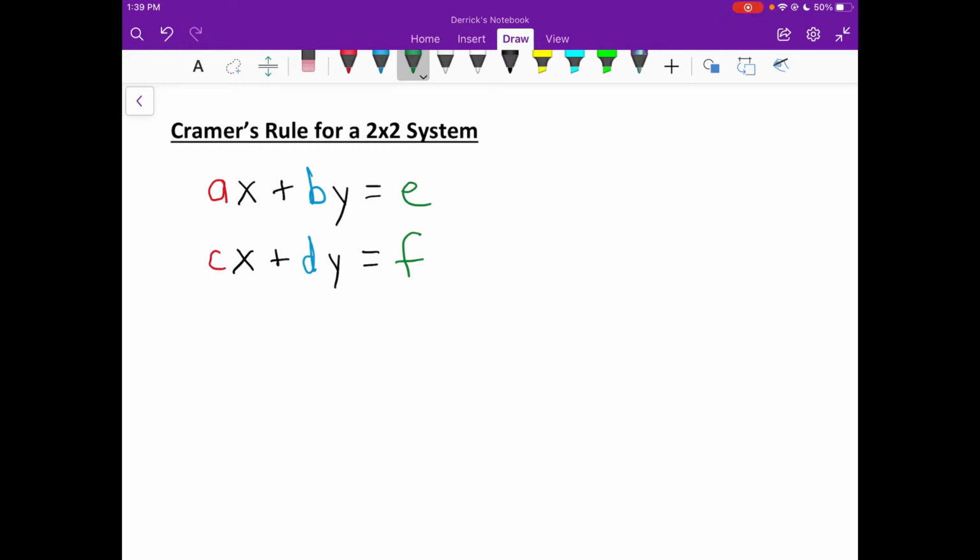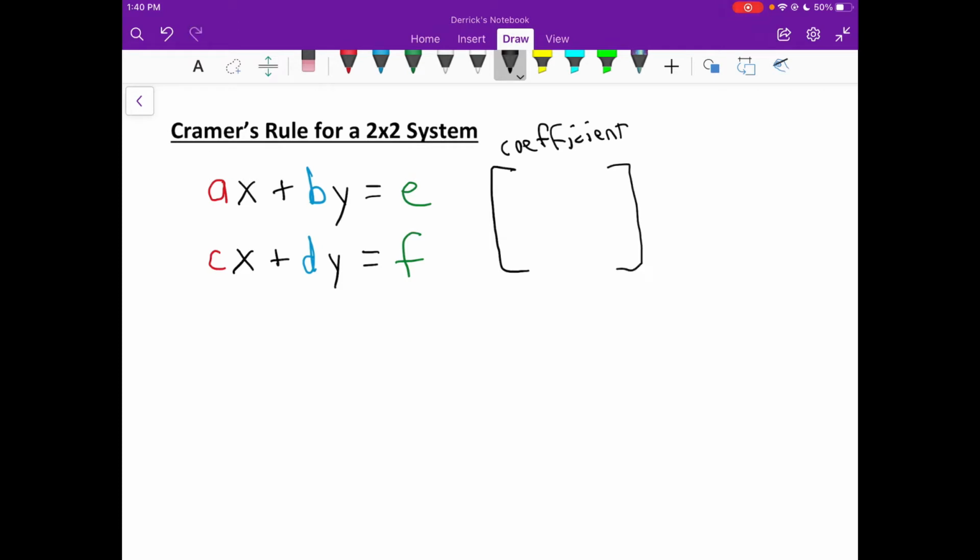Before we start doing that, there are two matrices I would want you to see when you're looking at this system. The first is what we would call a coefficient matrix. If you remember, a coefficient is a number in front of a variable.